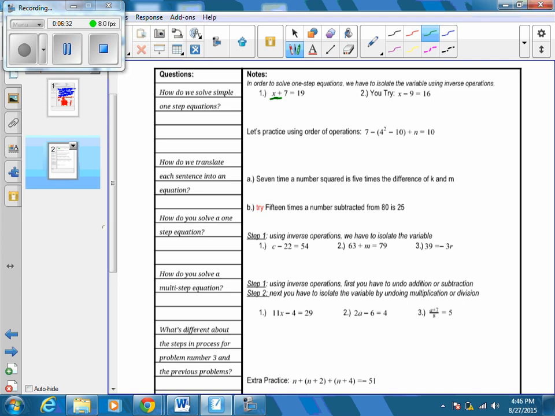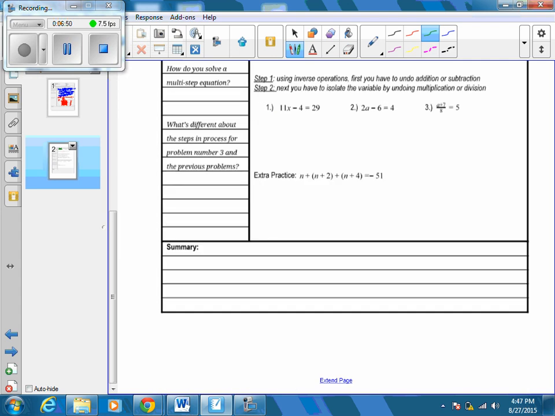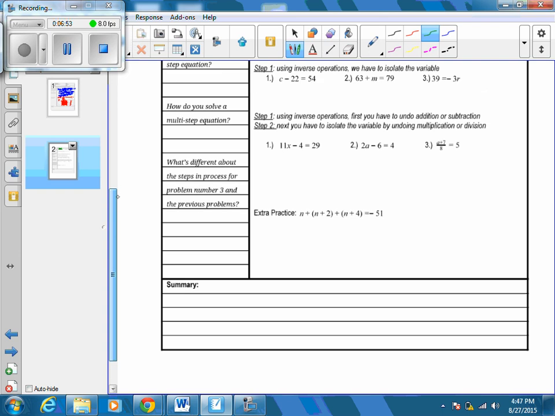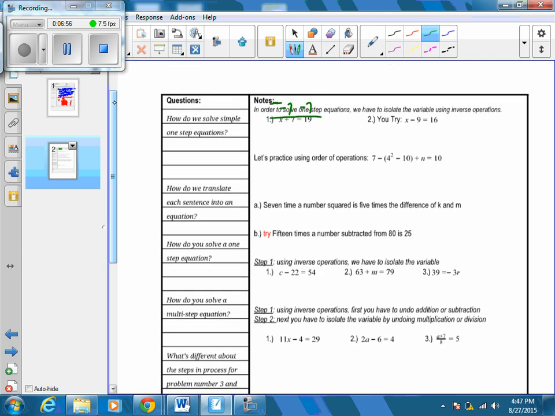To isolate that variable, I have to do the opposite of what's being done. 7 is being added to that x, so in order to undo that, I need to subtract 7 from both sides. When I subtract 7 from both sides, I get x is equal to 12, because positive 7 minus 7 cancels out, and then 19 minus 7 is 12.